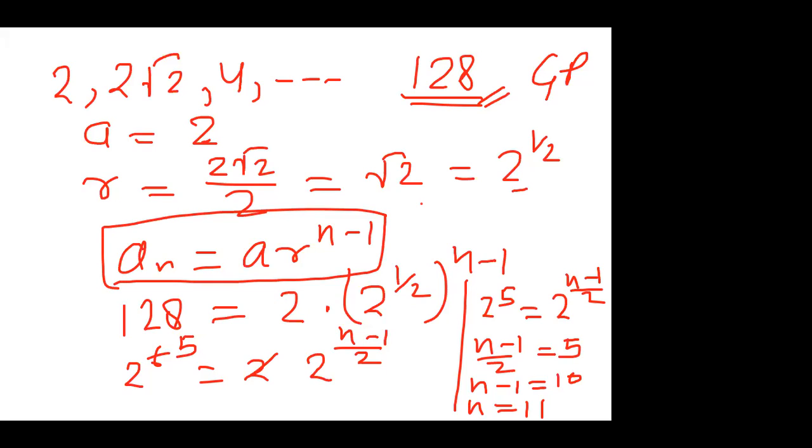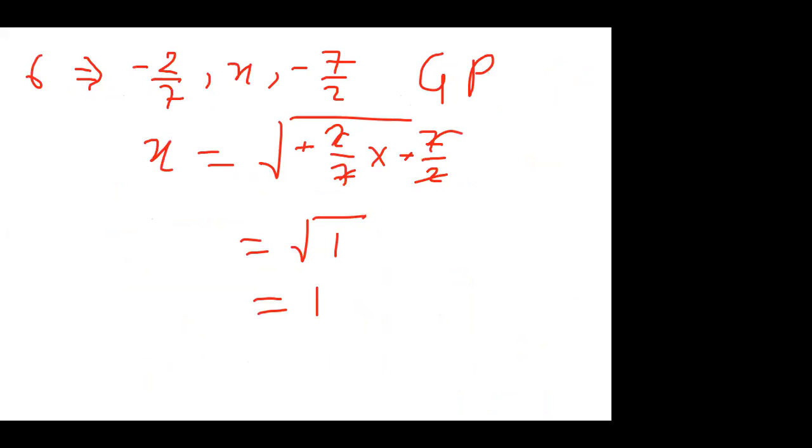Similarly, these were three terms in the geometric progression. We need to find the value of x. So x will be the geometric mean between minus 2 by 7 and minus 7 by 2.